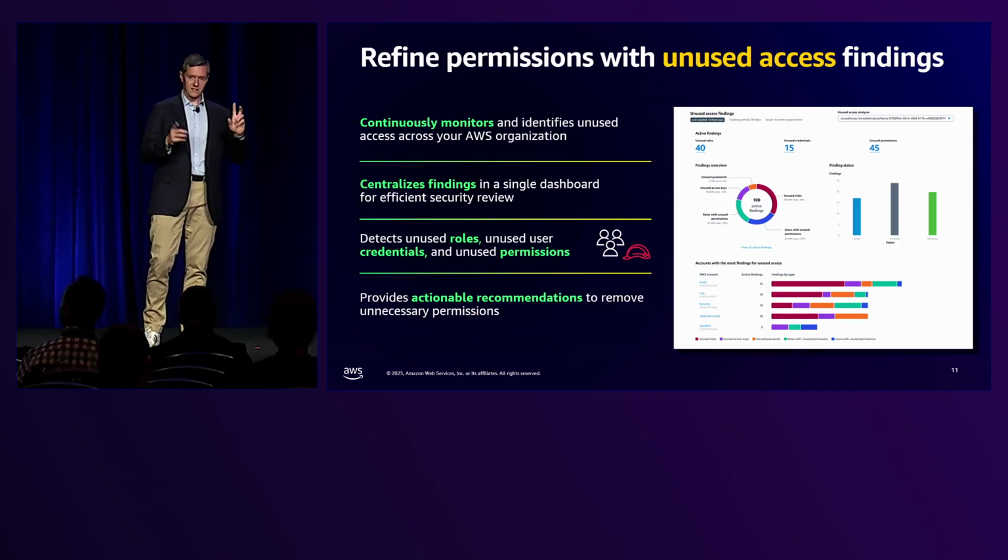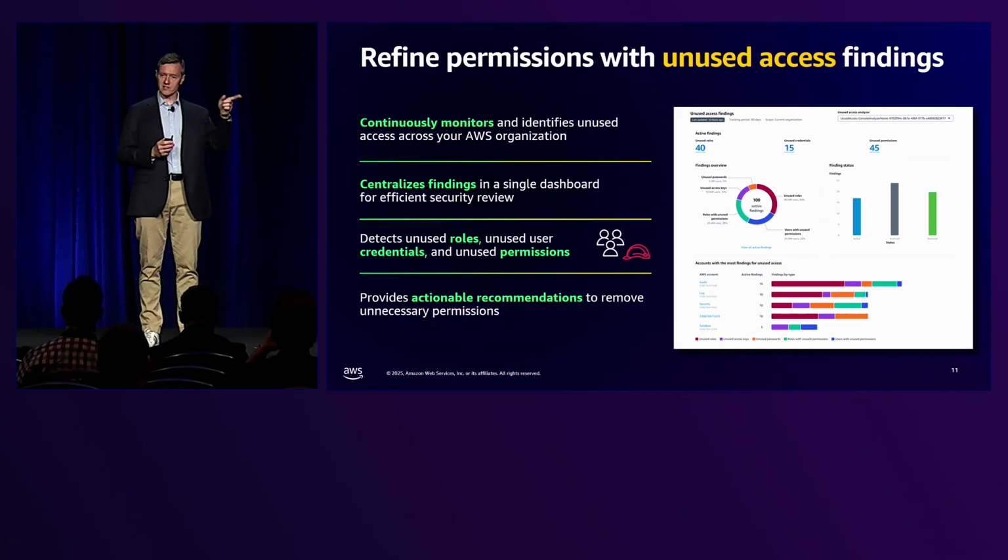The period of time is something you specify when you turn the analyzer on. So you say, I wanna start out with maybe a period of 360 days, so a year-ish. Anything that hasn't been used in a year will show up as a finding, and then you can feel fairly confident that it is not being used anymore, and I'll just make that go away. Then you can ratchet that down over time if you want.